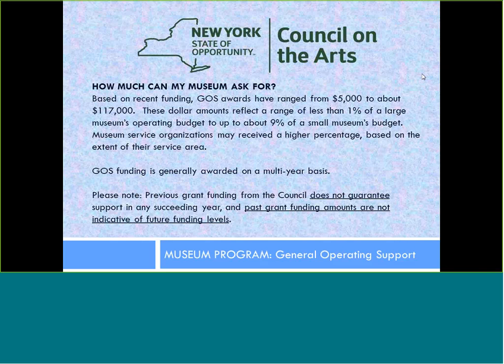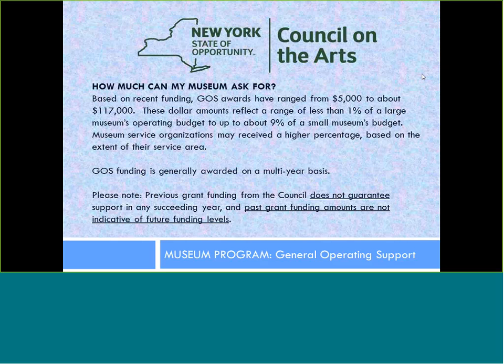These dollar amounts reflect a range of far less than 1% of a very large museum's operating budget and up to maybe 9% of a small museum's budget. You'll see in the guidelines that it will say we can fund up to 25% of your museum's operating budget. It doesn't happen. The budget is not there for that. That's a council-wide policy. It just doesn't happen in this program.